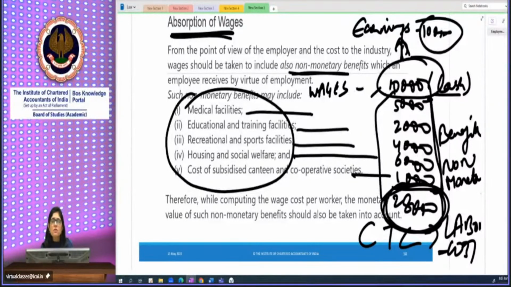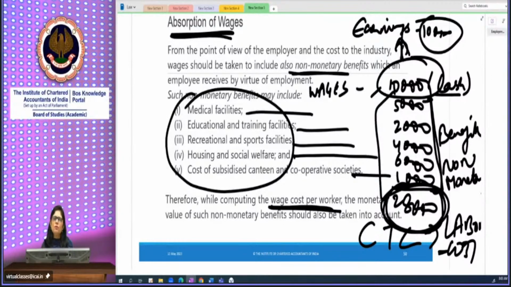All right. So this is a very, very important concept in the employee cost module. You need to understand this. Okay, very good. I'm glad students you have understood. And this is the absorption. Absorption means the entire cost should be absorbed in the wage rate. Whenever we calculate the wage rate per hour, the wage cost per worker, 28,000 we have to take, not 10,000, because the cost to the company is 28,000.